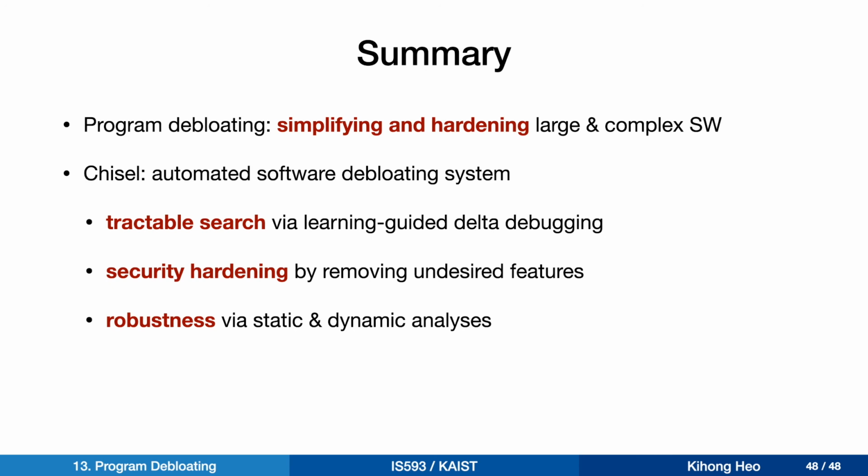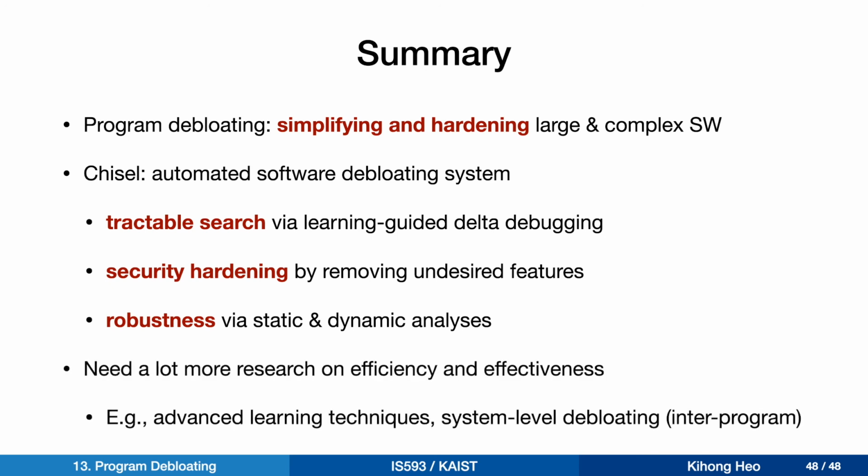The robustness of the reduced code can be checked using static and dynamic analysis. This is still a very new research area, so it requires a lot more research on efficiency and effectiveness. For example, more advanced learning techniques and system-level debloating, for example, inter-program debloating and so on. Okay, that is program debloating.